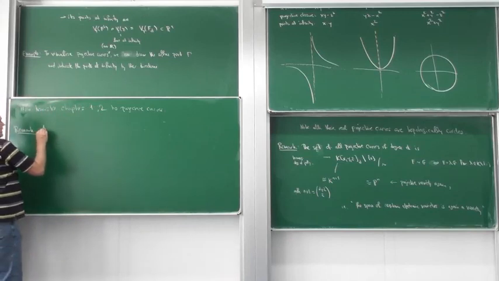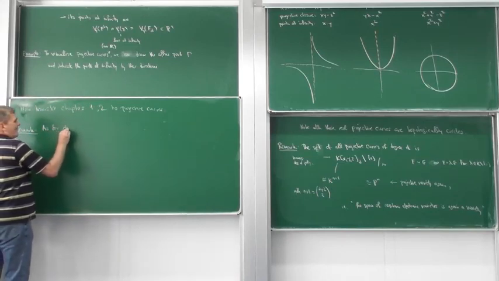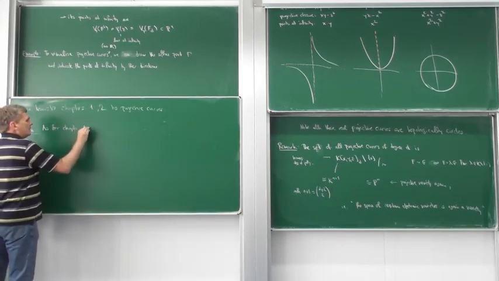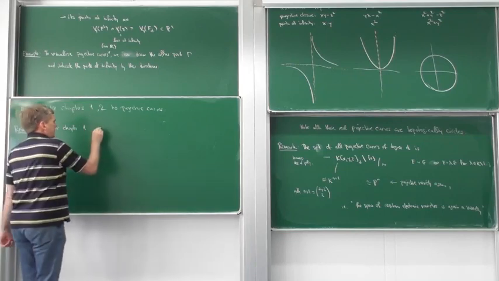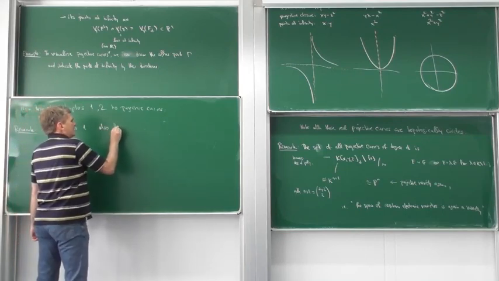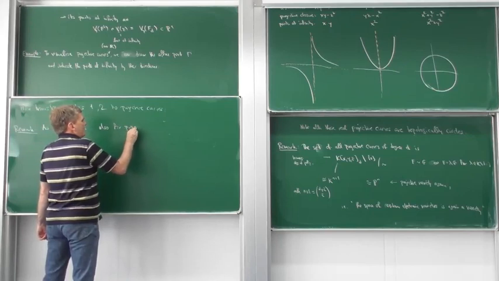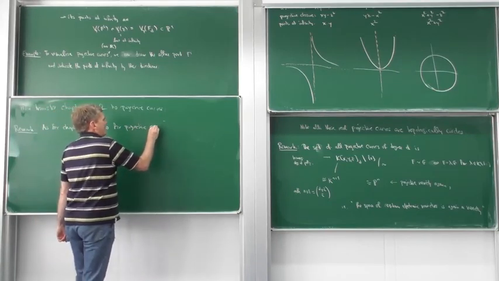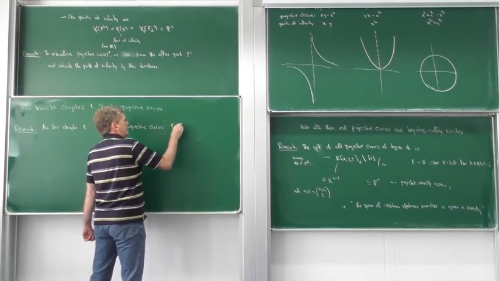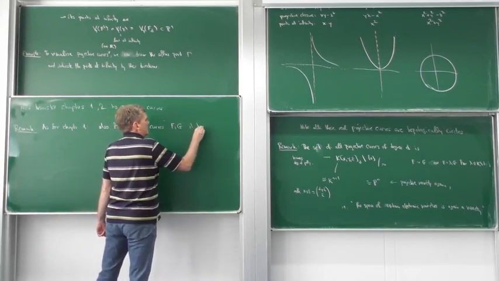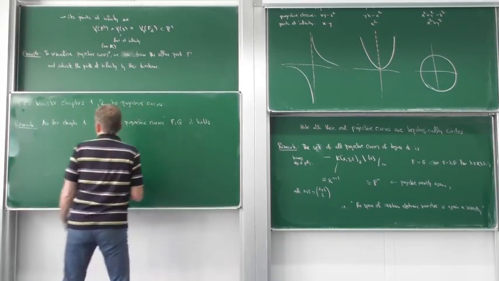Pretty much every statement that we had there, which weren't too many, carries over to the projective case. Namely, as for chapter 1, we have the following results. They mean that also for projective curves, say capital F and G, it holds that... So what were the results?